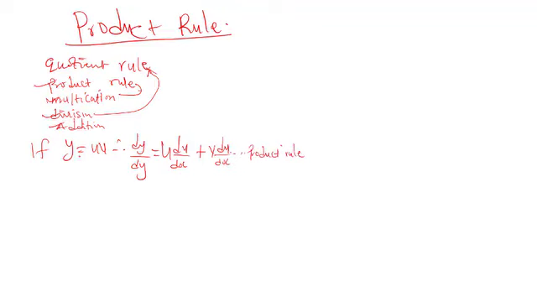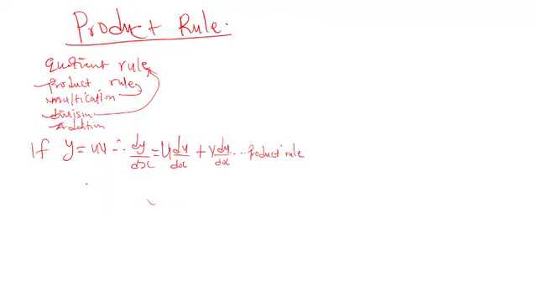If y equals uv, then dy/dx equals u dv/dx plus v du/dx.